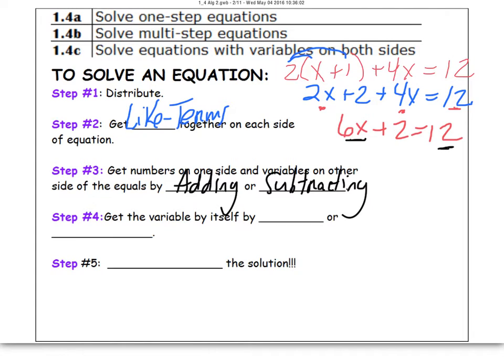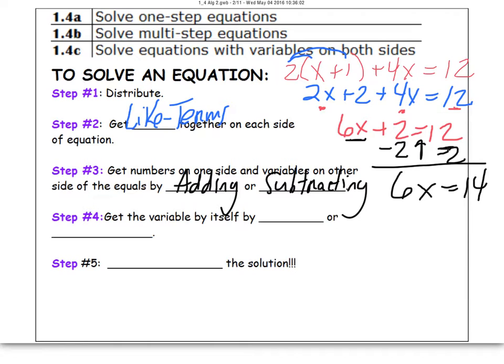So I'm going to keep the 12 there. I therefore need to move the 2. The 2 needs to move, it's plus 2 right now. The only way to move it to the other side of this equal sign right here is to not add 2 but subtract 2 from this side and then subtract 2 from over here. That'll give us 6x equals 14.